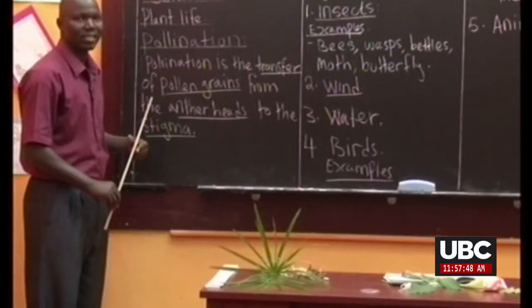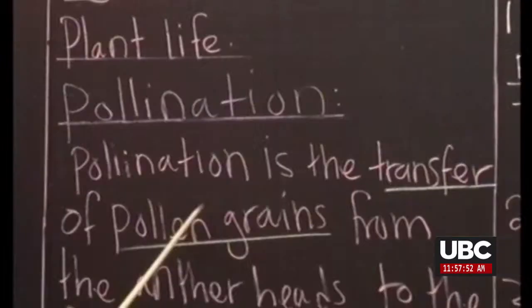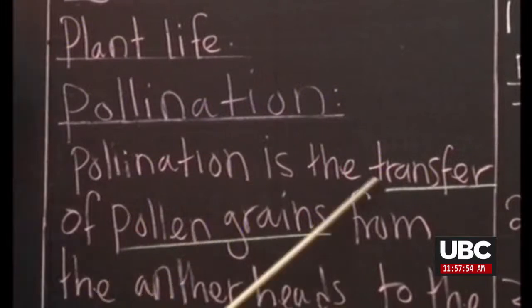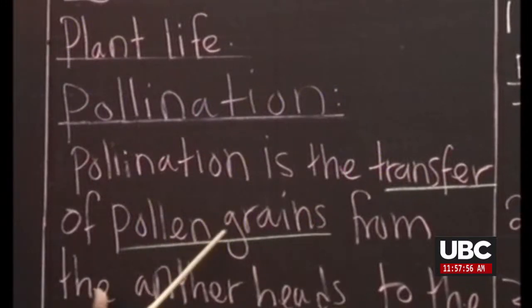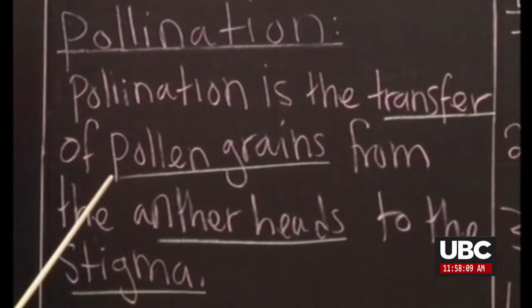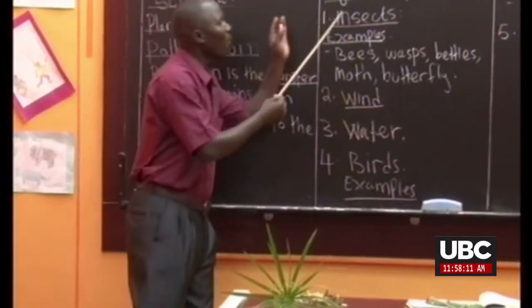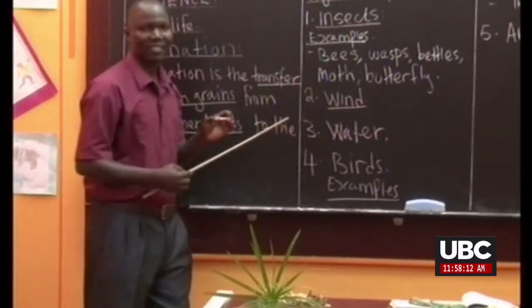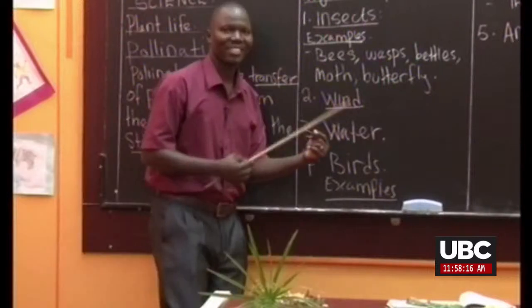So, pollination. And what is pollination again, children? Pollination is the transfer of pollen grains, and the stigma receives the pollen. And what are those things that help to carry pollen?